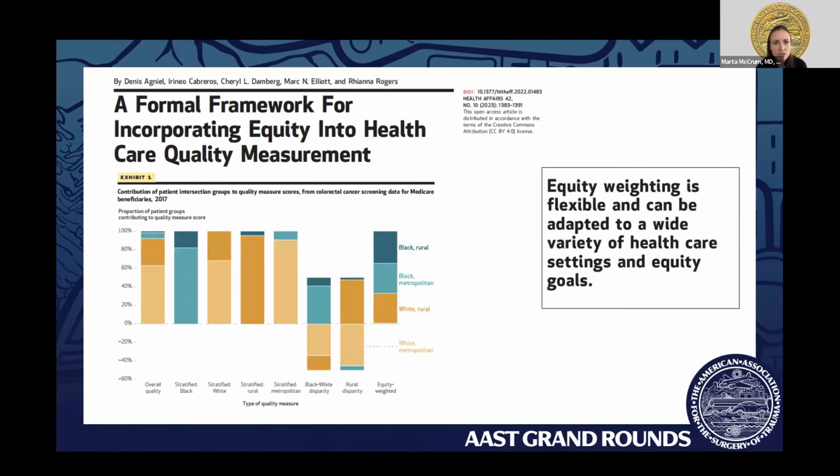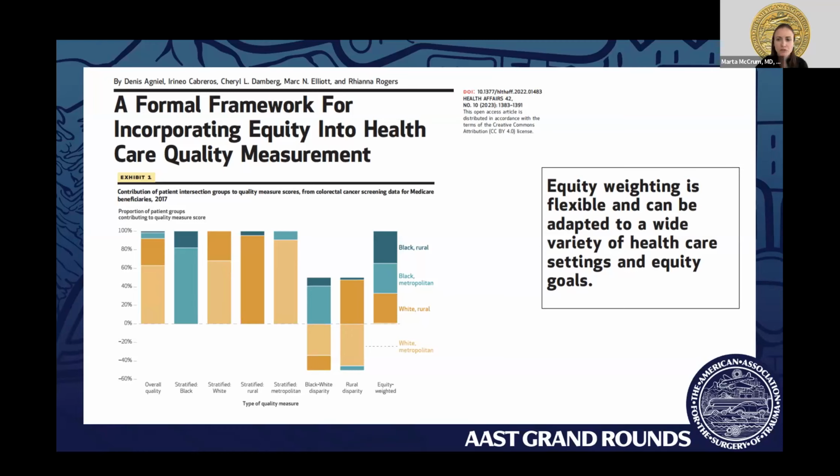This paper recently published in Health Affairs offers a unique solution using equity weighting. There are problems using overall measurements of quality, like you might see for certain process measures in your hospitals, that effectively represent only dominant populations.